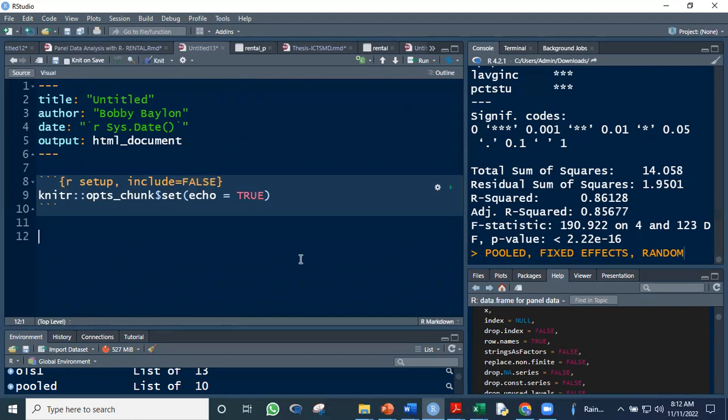Because for fixed effects, I think we will need about an hour or so to do that. So let's just practice first.